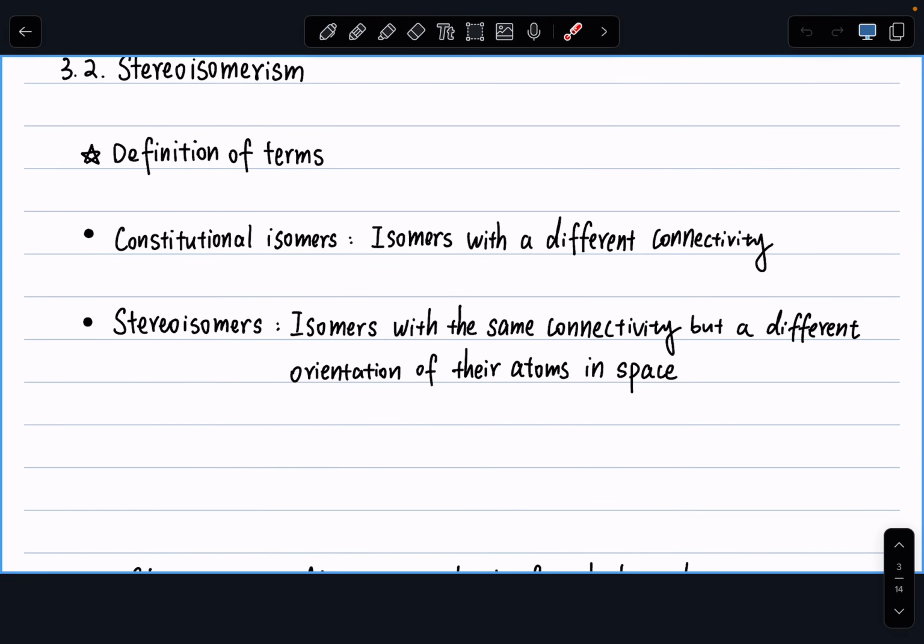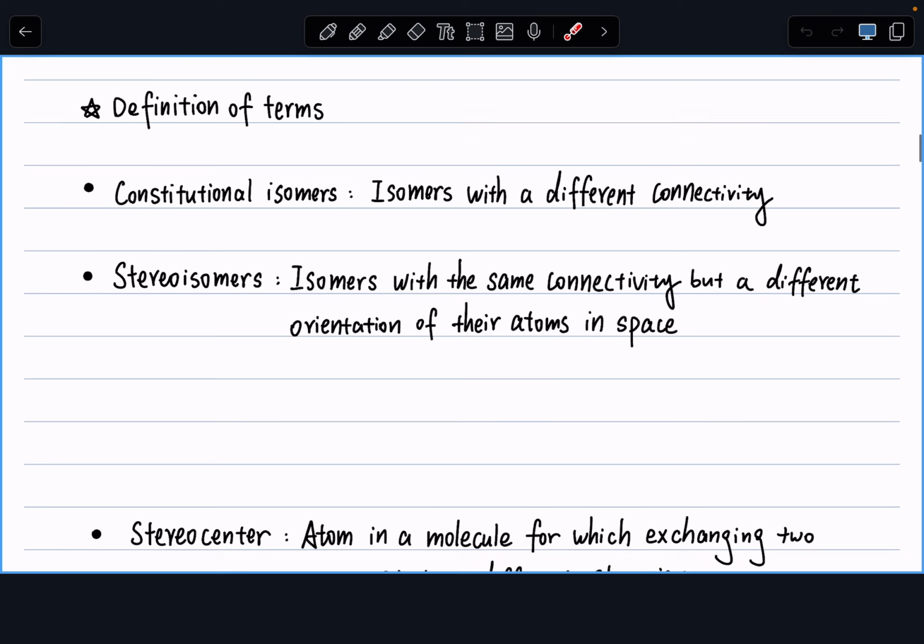So far, we went over several terms. We went over constitutional isomers, meaning that these are isomers with different connectivity. An example being, well, this one, we have 4 carbons, and this one, we also have 4 carbons. Their connectivity is different. So these two are called constitutional isomers.